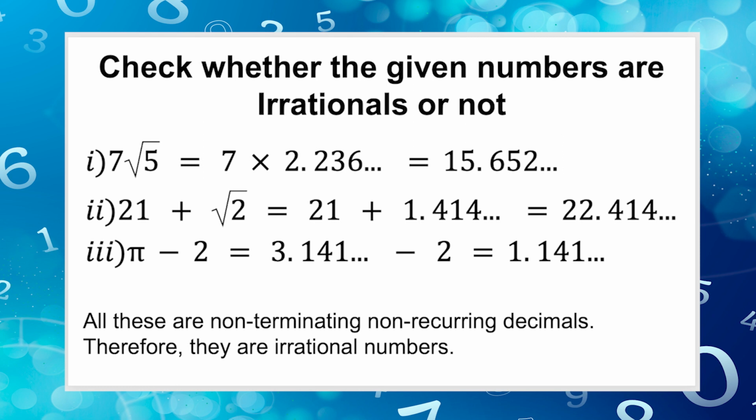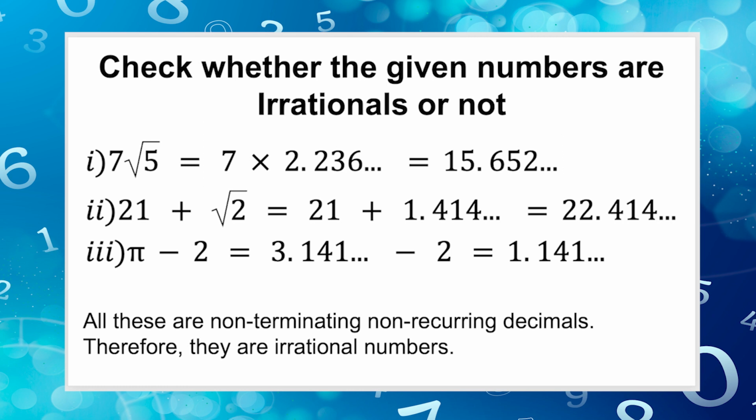Let us take one more example, that is 21 plus root 2, which can be written as 21 plus 1.414 and so on. After adding, we get 22.414 and so on. Do you think it is a rational number?